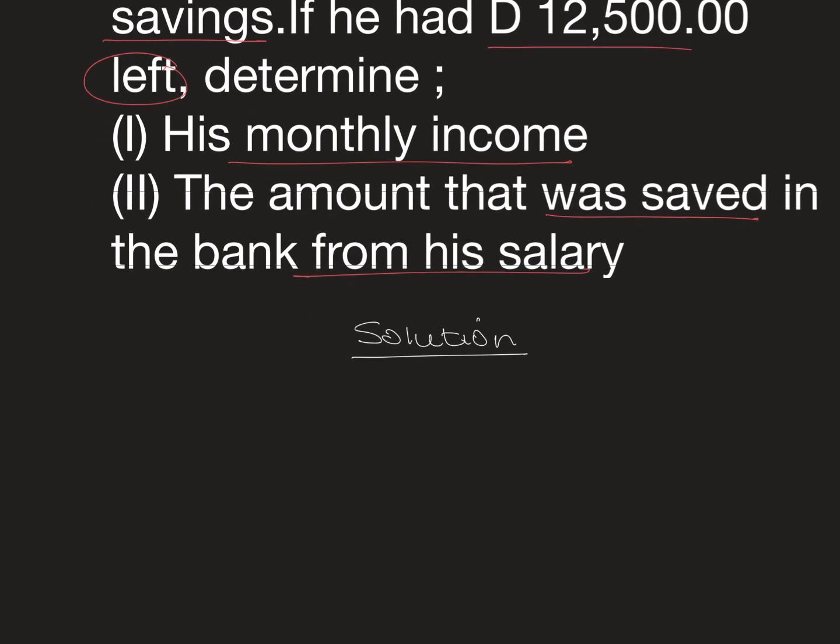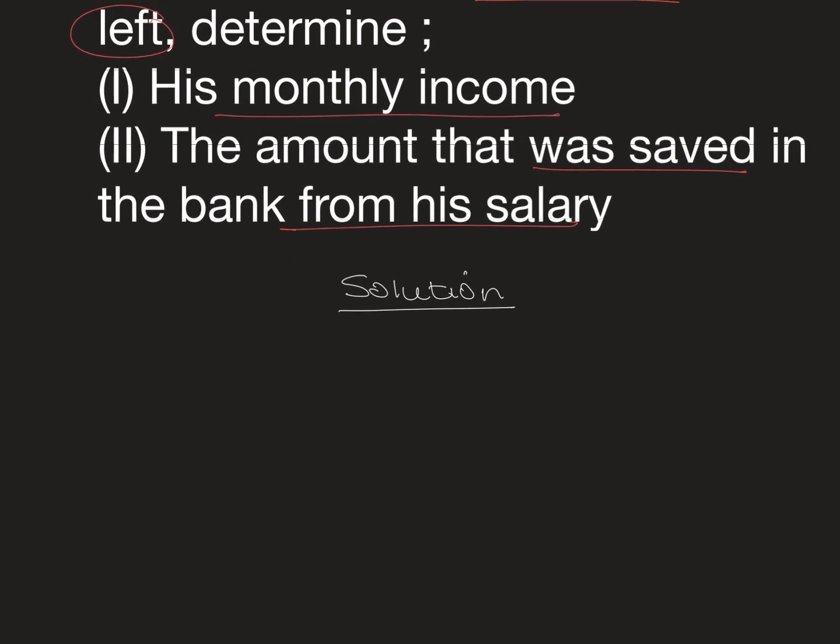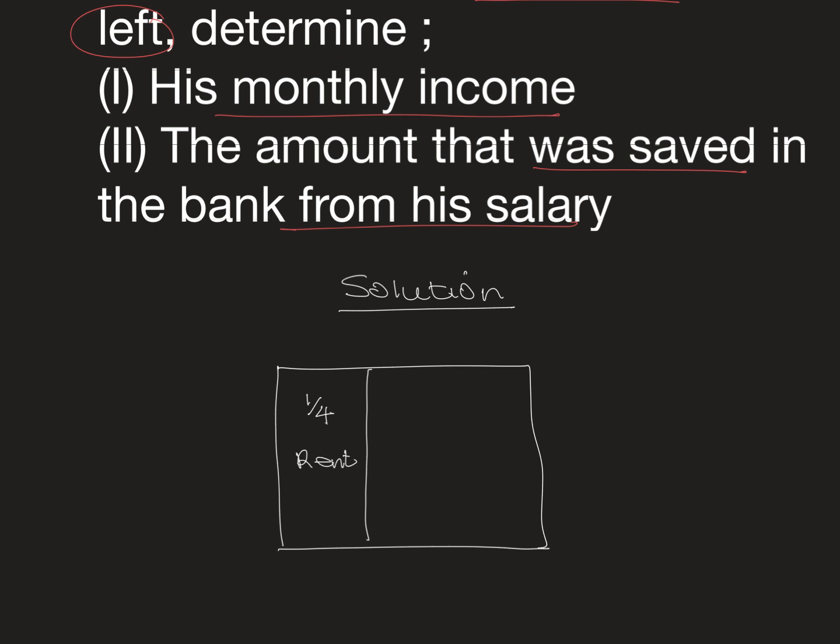Now going to the analysis of this question, we have a school principal who spent 1/4 of his salary on rent, then 1/3 of the salary on food and electricity.